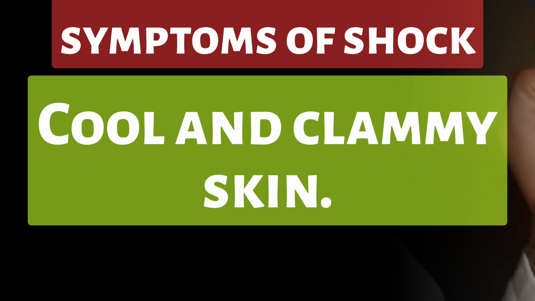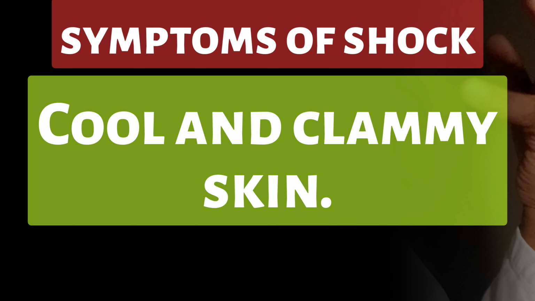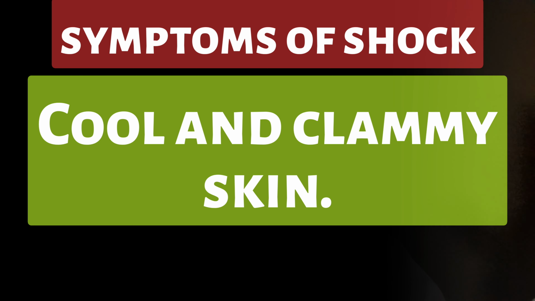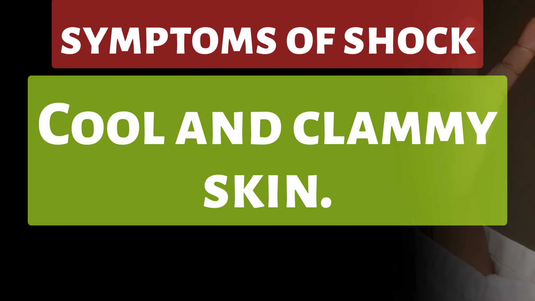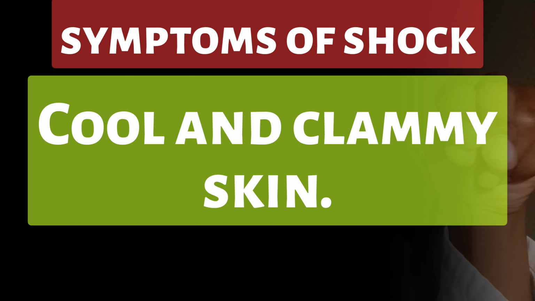Third, they might have cool and clammy skin, and this means their skin feels moist. It's cool. It's not warm. Naturally, if you touch your skin, you're going to feel the warmth. So if you touch this person's skin, they are not warm, and it is moist. You can feel that it is unusually moist and sticky to touch.